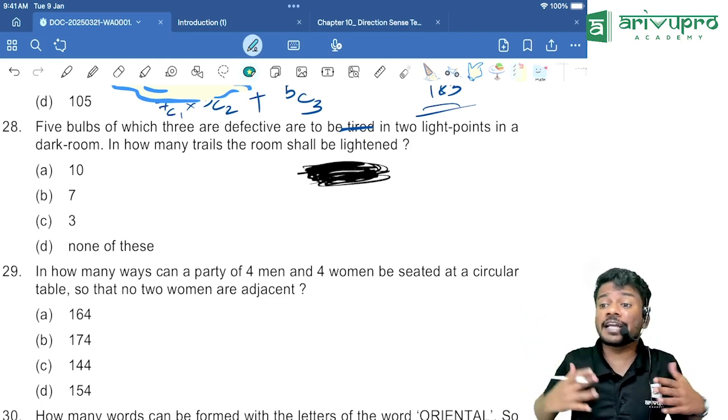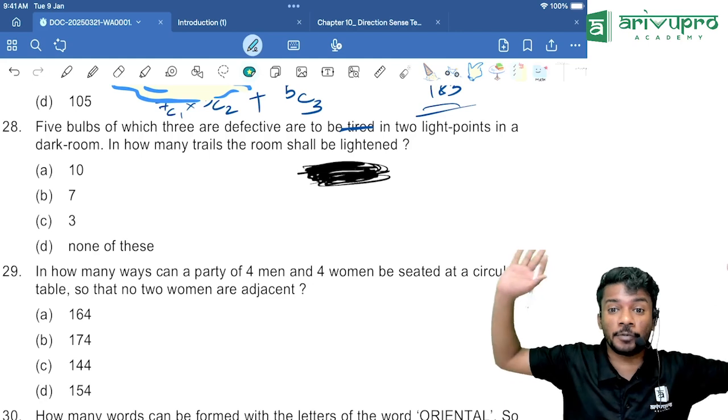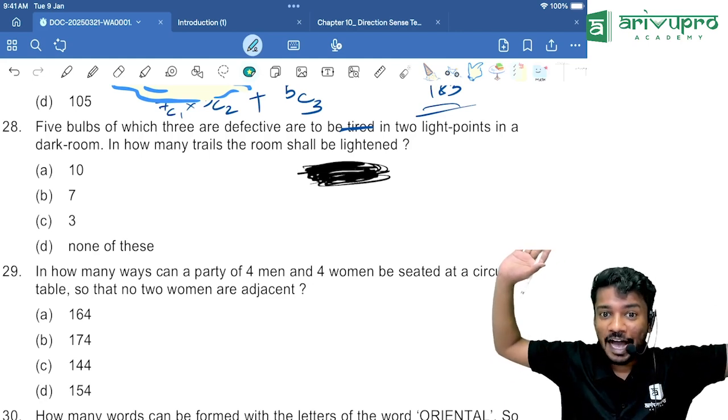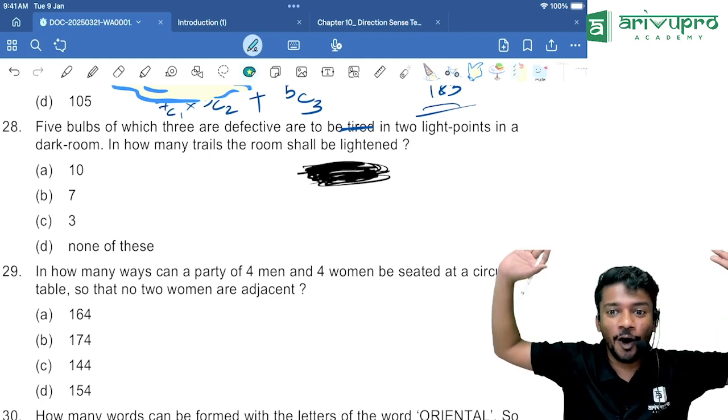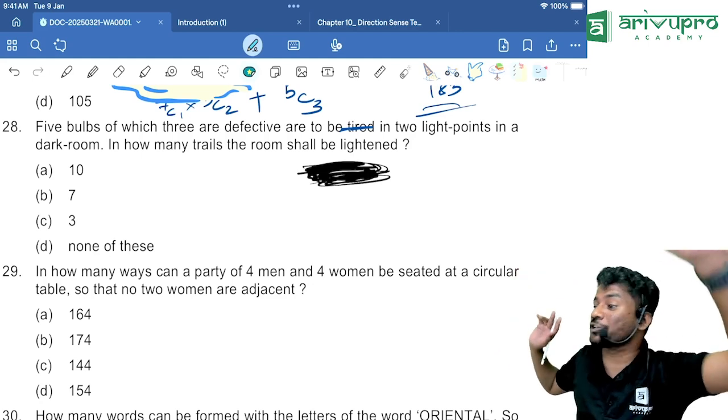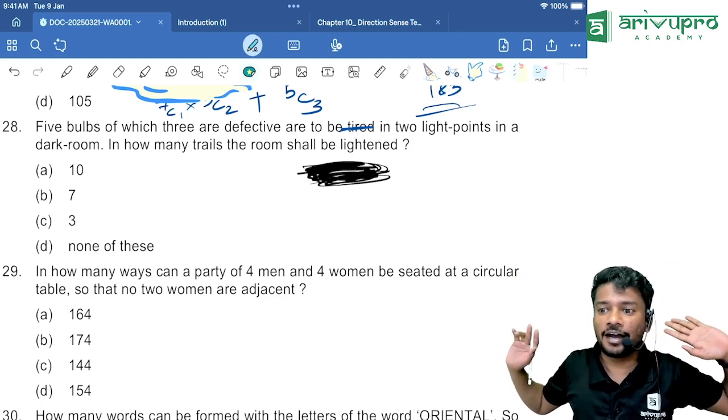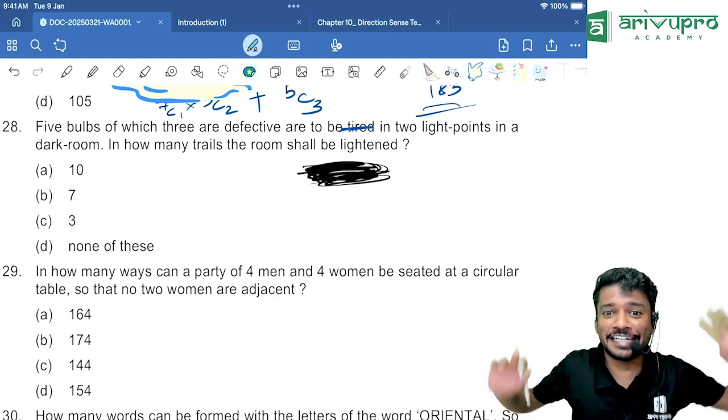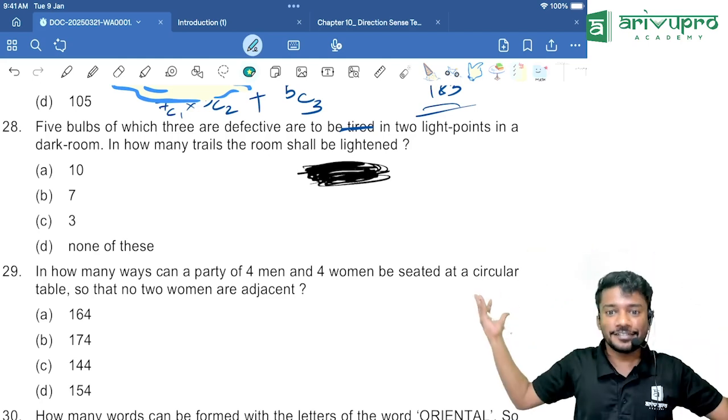Okay, our aim is to solve the problem. Do you remember? Our aim is to solve the problem. So at least one light should be non-defective.